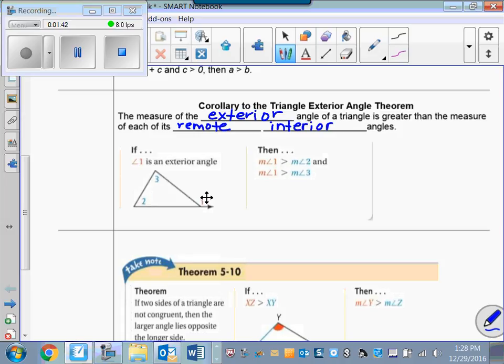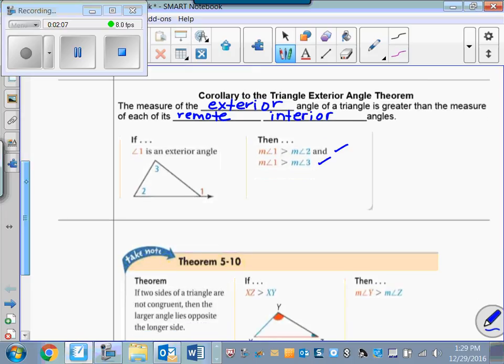Remember from the triangle exterior angle theorem that the measure of angle 1 is the sum of the measures of 2 and 3. Therefore, I know that the measure of angle 1 is greater than the measure of angle 2, and the measure of angle 1 is greater than the measure of angle 3. So this is where I always feel like saying, well, duh. Of course, right? I told you, straightforward.